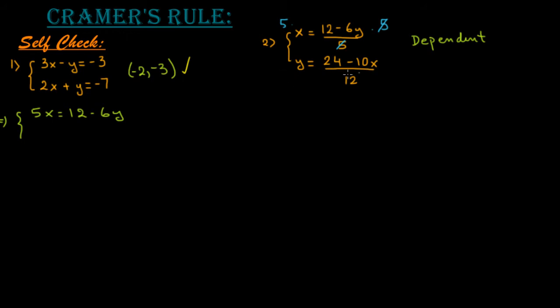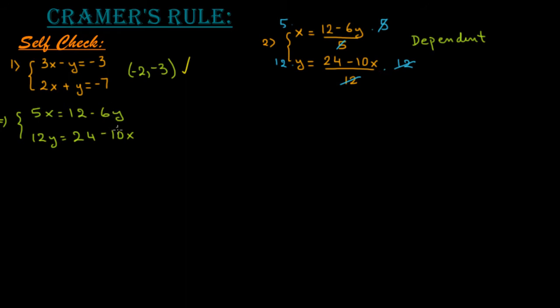And to cross out the bottom on the second equation, you multiply both sides by 12, then this 12 will be cancelled out, which will give me 12y equal to 24 minus 10x.